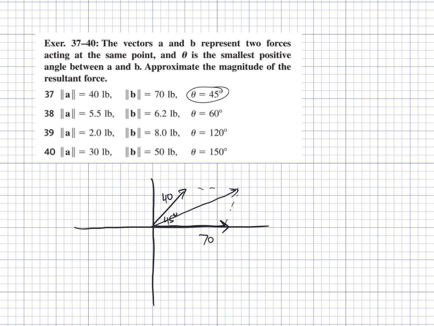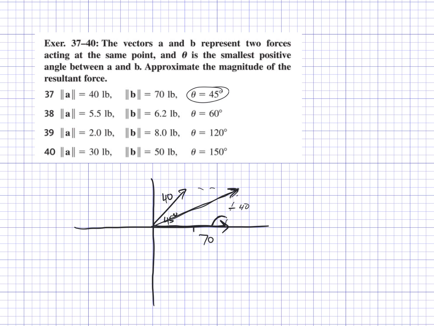So how do we do these problems? Well, I can't get the magnitude of this unless I know some information. I know this is 70 down here, and this is 40. It's a parallelogram. But I don't have any other degree or length.